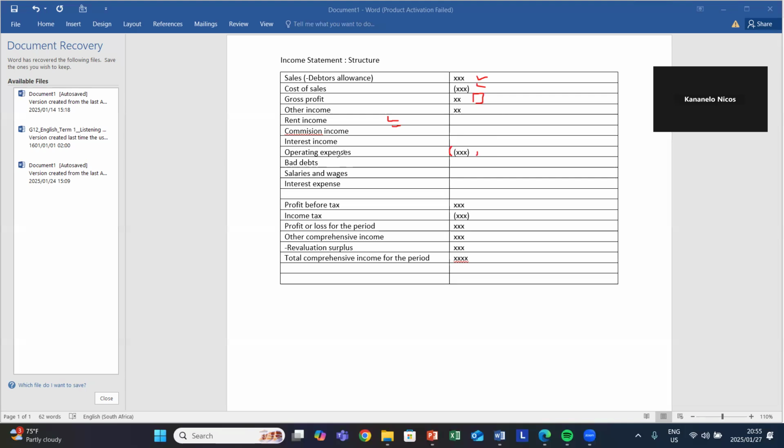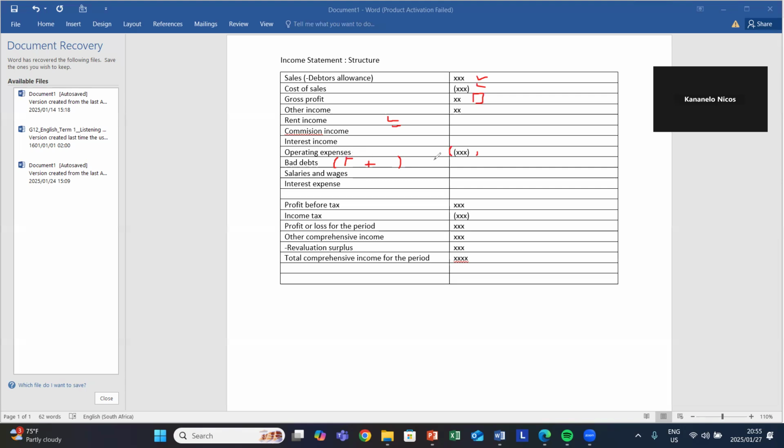With regards to bad debts, we'll always say the bad debt that is in the trial balance plus the one that is in your transaction. There will never be a situation whereby in your bad debts you have to minus. It's highly impossible for bad debts to minus. You always add in bad debts.